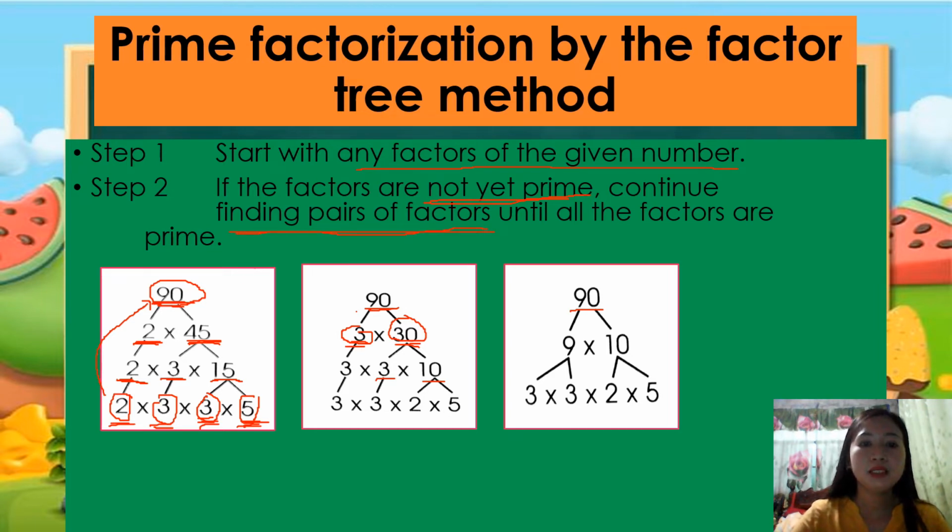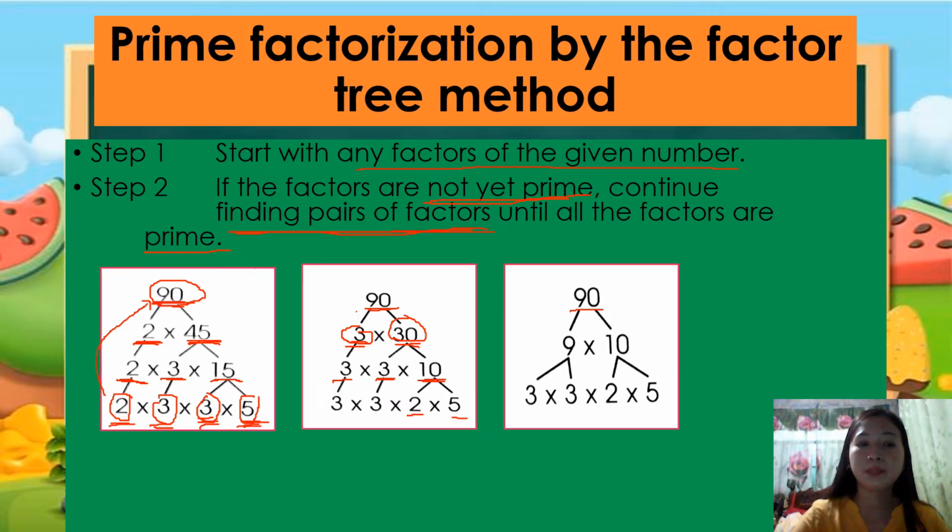So now, digit 3 is already a prime number, while digit 10, is it prime or composite? Yes, 10 is not yet a prime. This is a composite number. So, again, continue finding pairs of factors until the factors are prime. We get the factors of 10, which are 2 and 5.